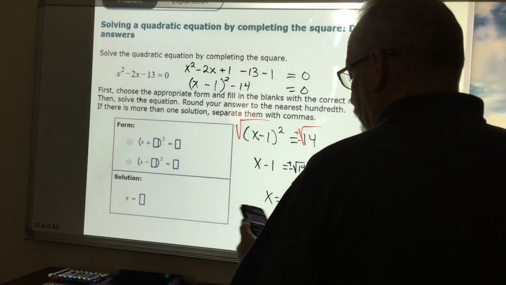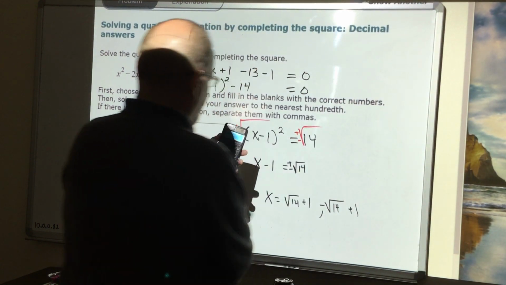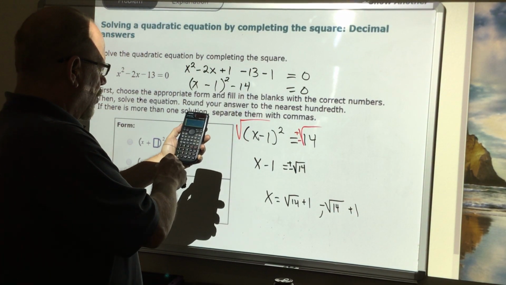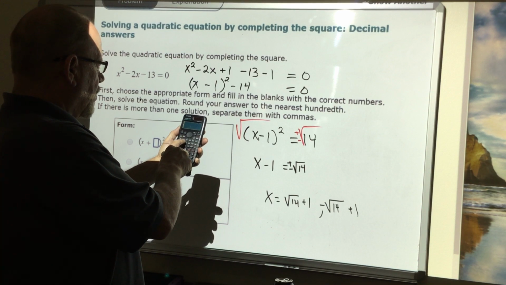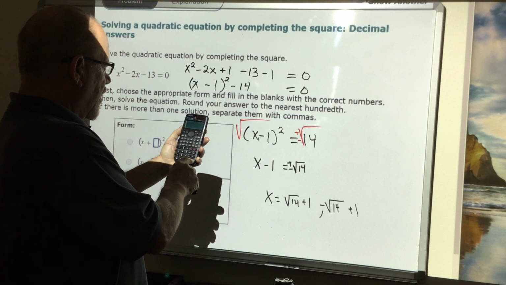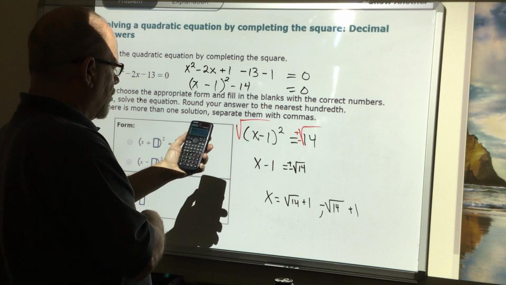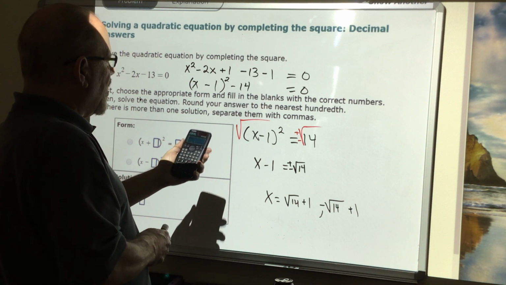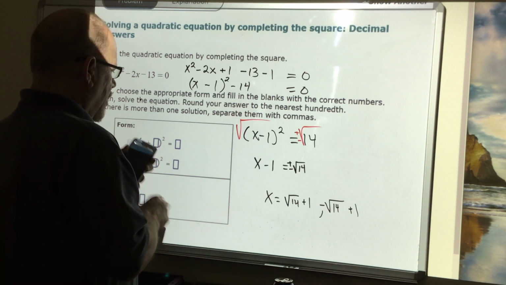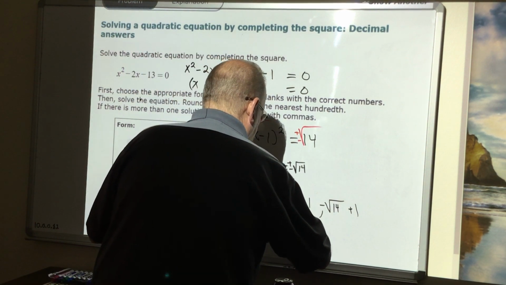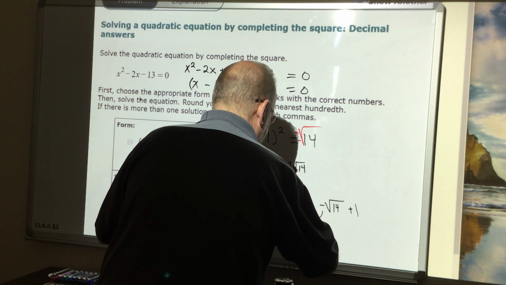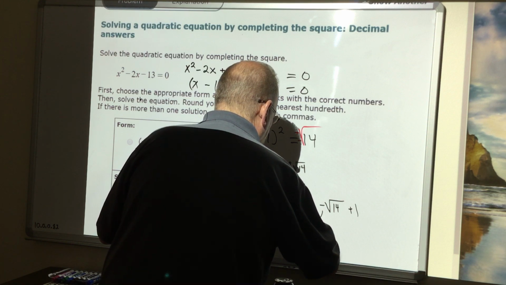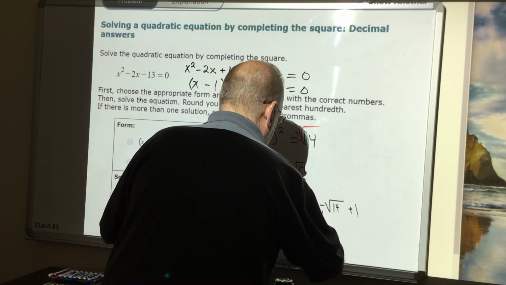I'm going to take the time to put this into my calculator. So, square root 14 plus 1 equals 4.741.